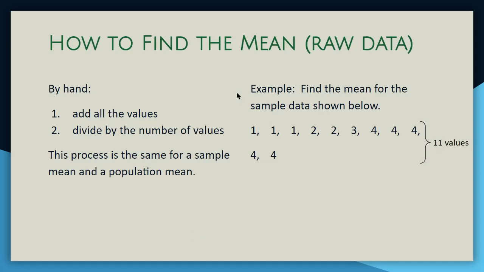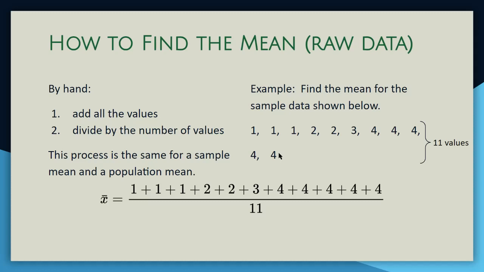So I counted 11 values in that list. So I know when I get to step 2, I'm dividing by 11. For step 1, I have to add all those numbers together. So 1, 2, 3, 5, 7, 10, 14, 18, 22, 26, 30, assuming that I can count correctly.